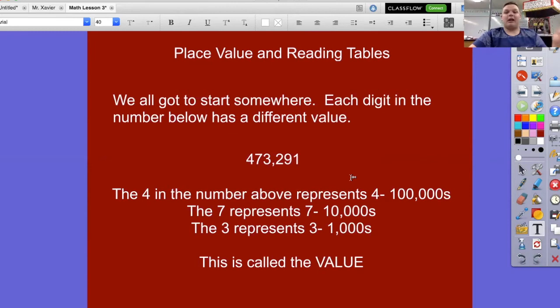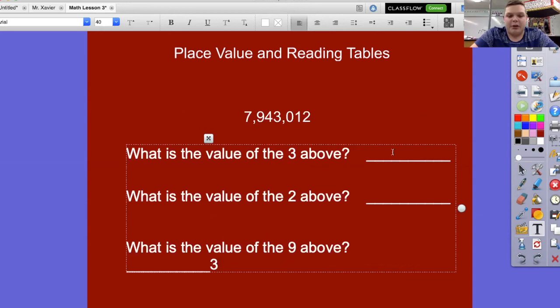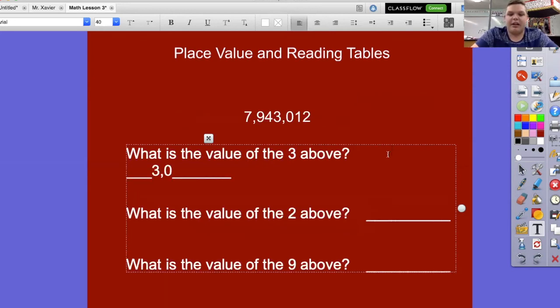So going backwards, the place is what it's called. The value is how much it's worth. So on this one, what is the value of the 3 above? Well, I know the place, it is in the 1,000s place. So I know that the value is 3,000. What is the value of the 2 above?